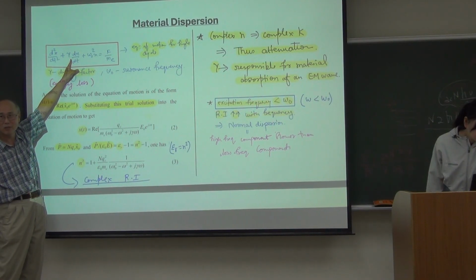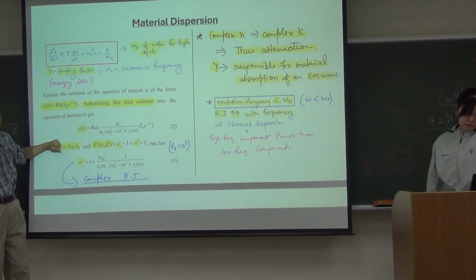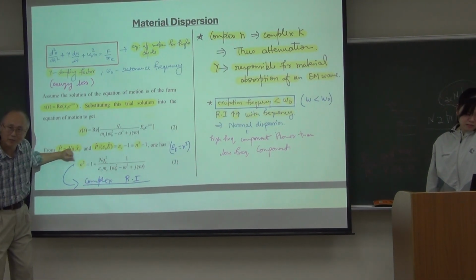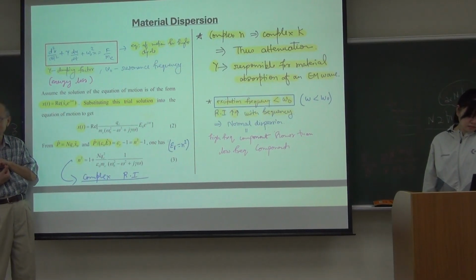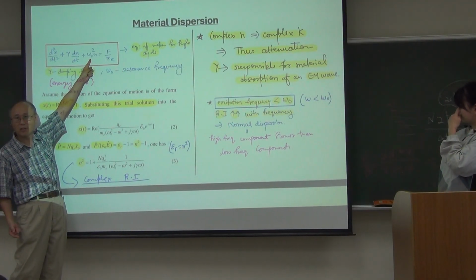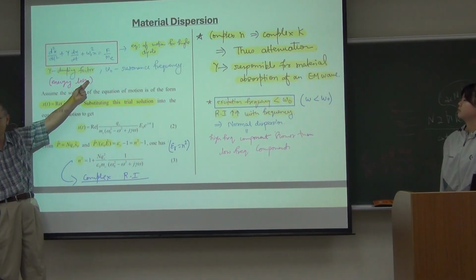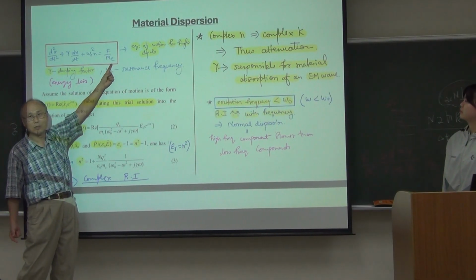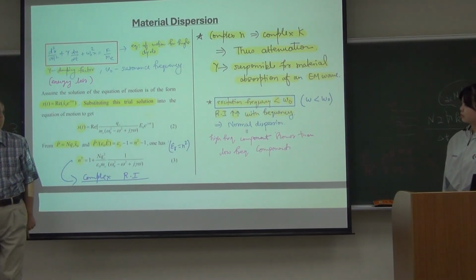The damping constant is due to this gamma, and this is related to the velocity I'm moving. As I move really fast, I'm heating up my hand. And this is just the resonant frequency of a spring. So this is sort of a spring model, and this is the driving force. Understand this, right? All right.